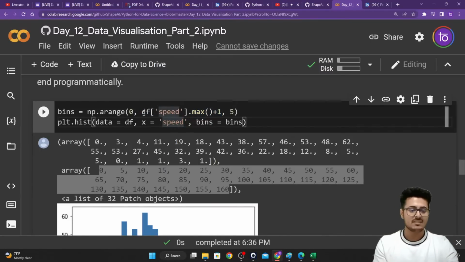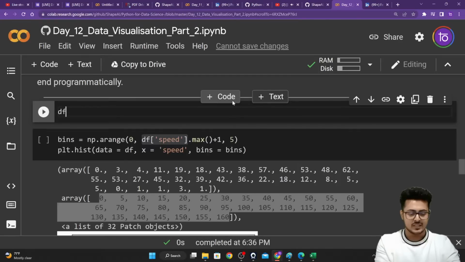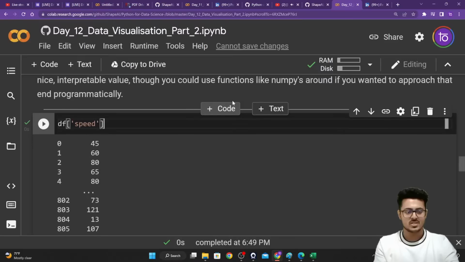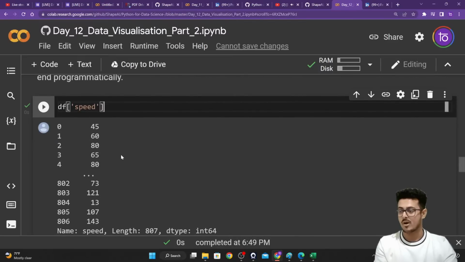So df.speed, that is the speed column. If we run this particular line of code, as you're able to see, we are getting the speed column from our data frame itself.